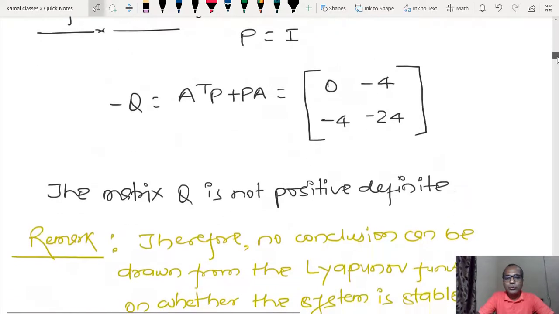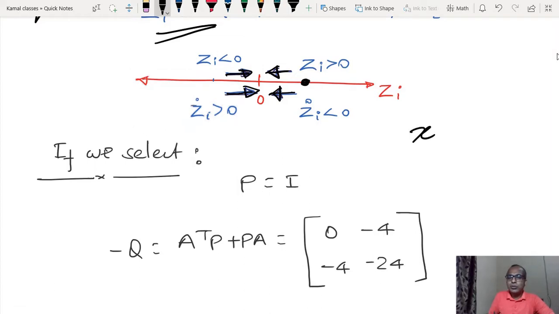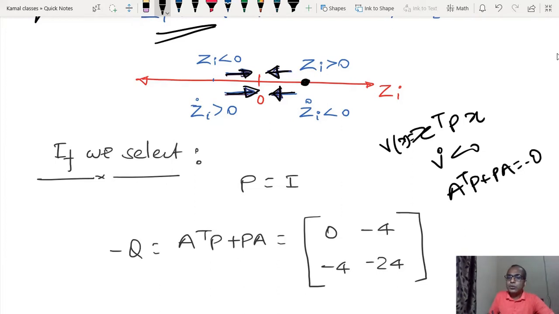We have already seen that in order to talk about global asymptotic stability, I have to construct some kind of Lyapunov function for a linear system like this, and after that check that v dot is less than 0. For that I just have to solve the equation PA equal to minus Q.